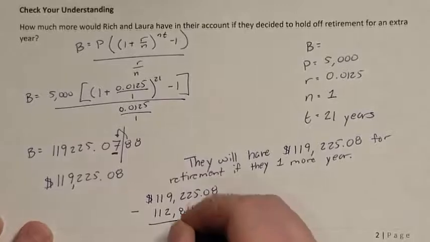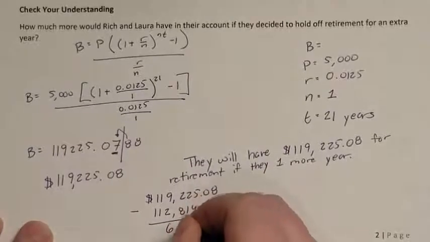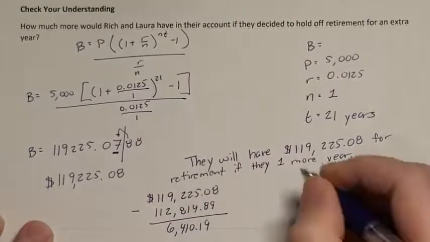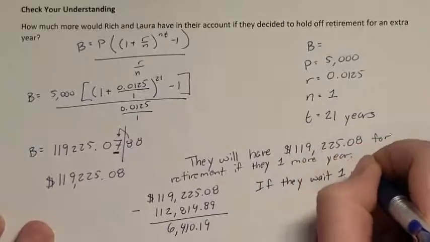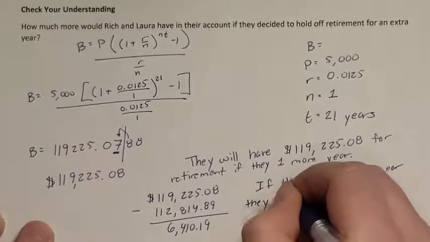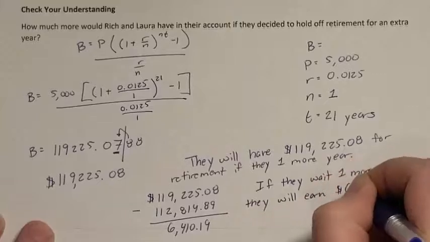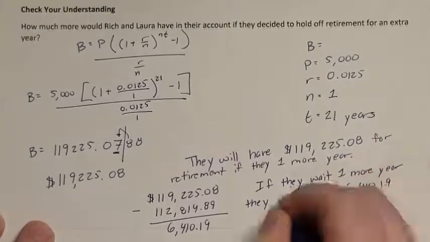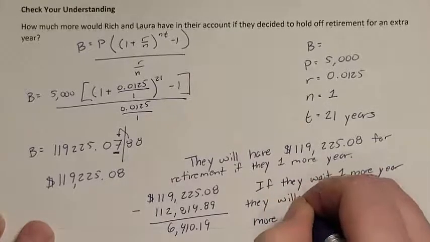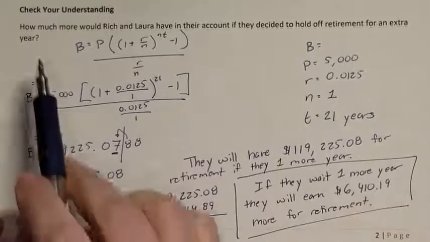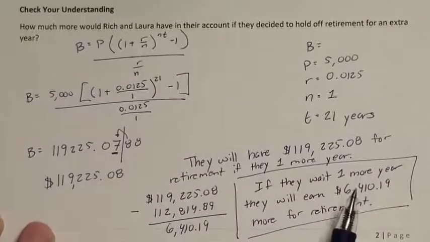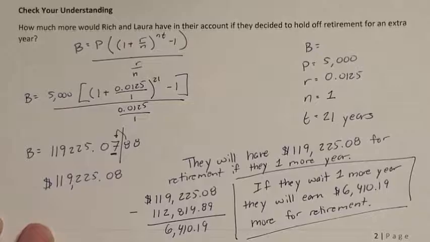So what is the difference? $6,410.19 is the difference. So if they wait one more year, they will earn $6,410.19 more for retirement. So this is the final question because it wants to know how much more will be in their account. 6,000 more will be in their account.